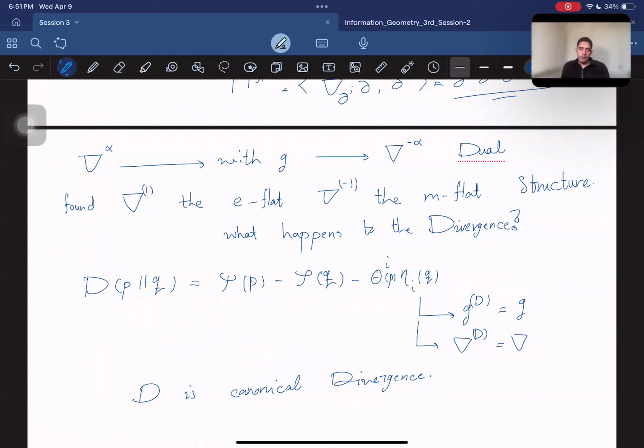This is the way of defining the canonical divergence that helps you go all the way around. So you have the Riemannian metric. Take a look at the second derivative. Create psi. Take the Legendre transform. Create phi. And then define D equal to this.